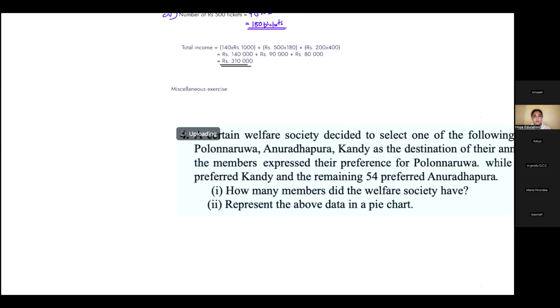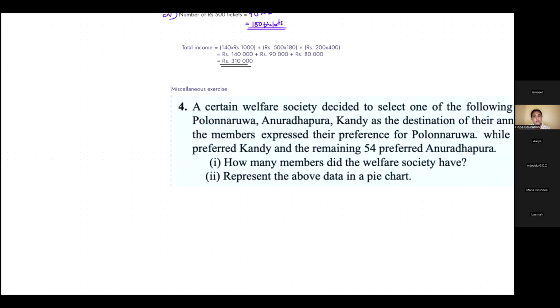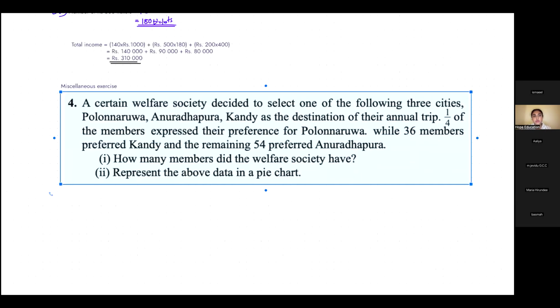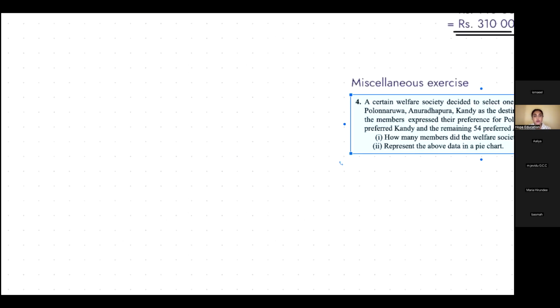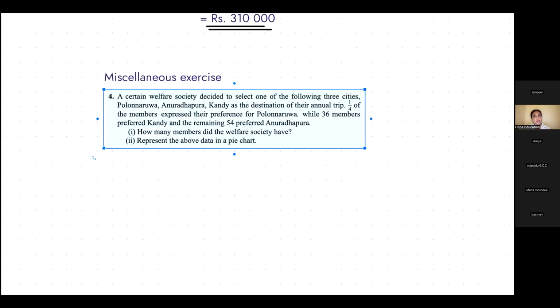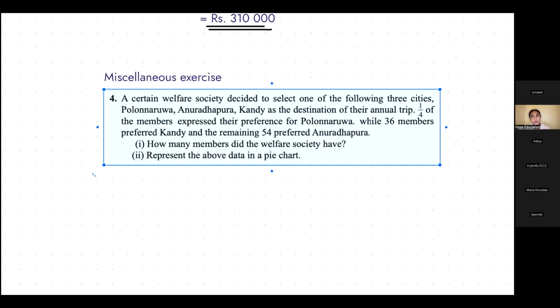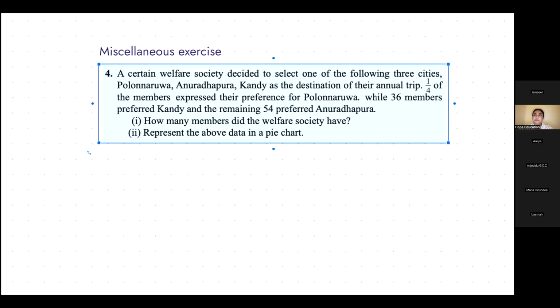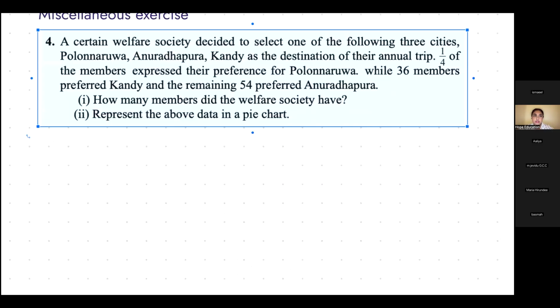Others, what do you think? Zuha told me what she thinks. Others? My question was, what do you think about this lesson, data representation lesson? What are your opinions? Is it easy or difficult or just manageable? Manageable. Shape, what do you think? I want to hear about the lesson.